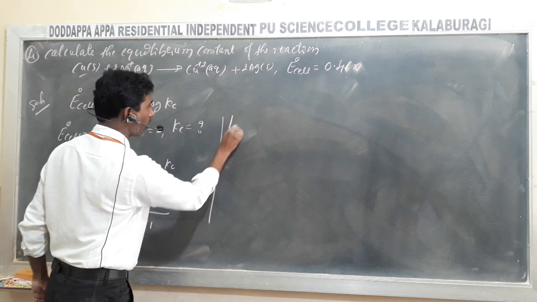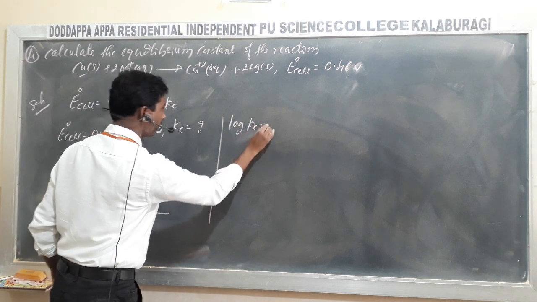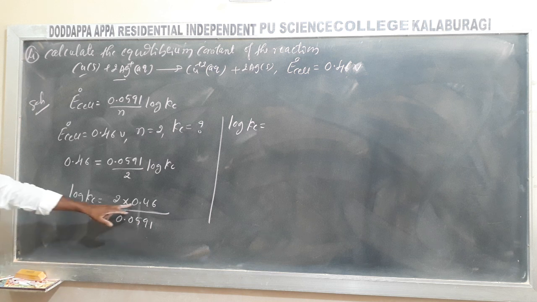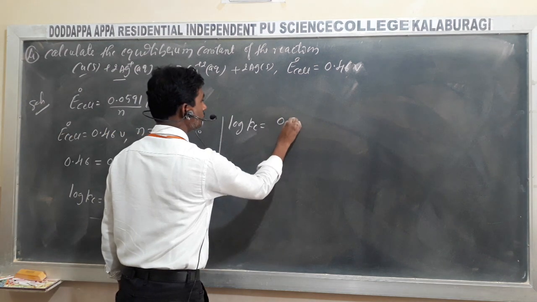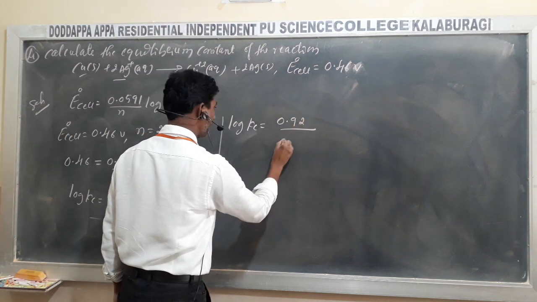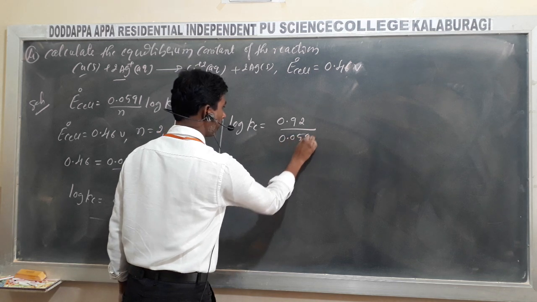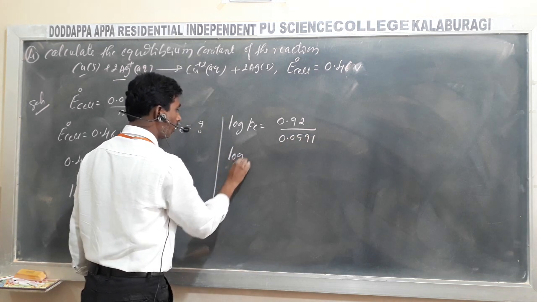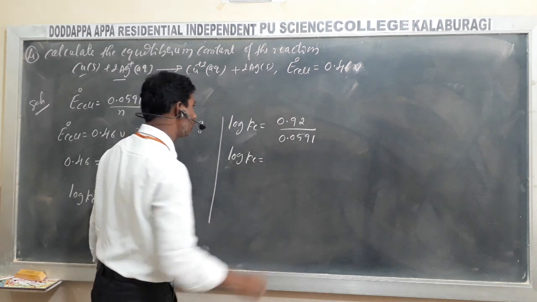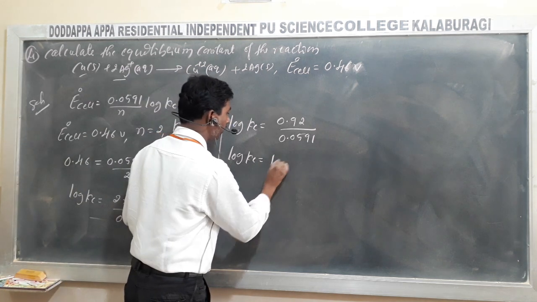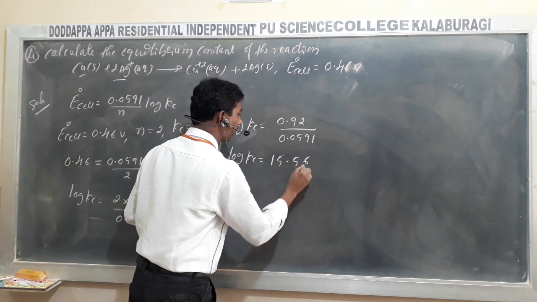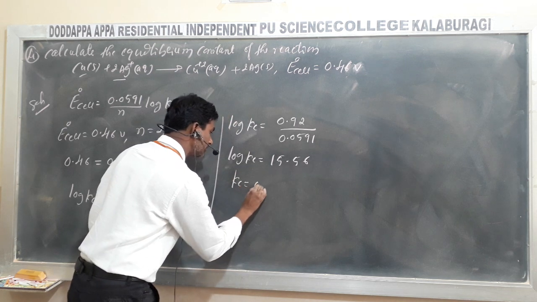Multiplying 2 into 0.46 gives 0.92. So log of Kc is 0.92 divided by 0.0591. Dividing, we get 15.56.